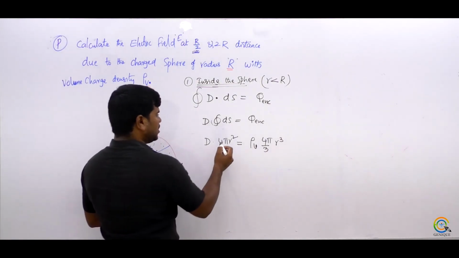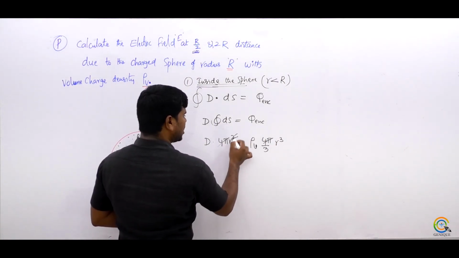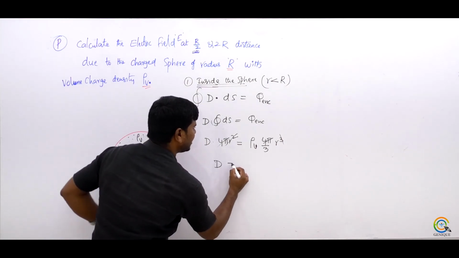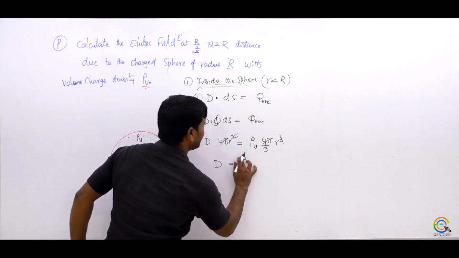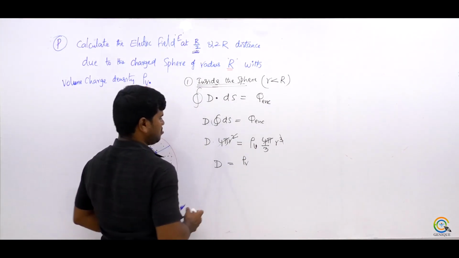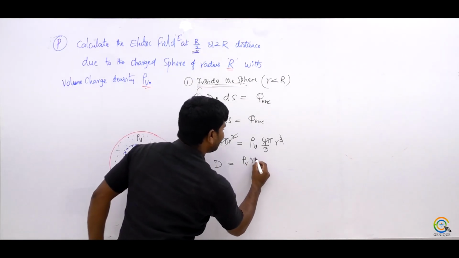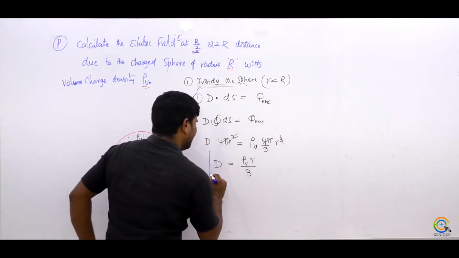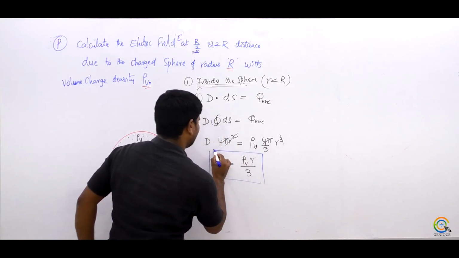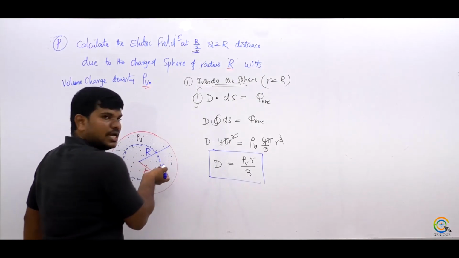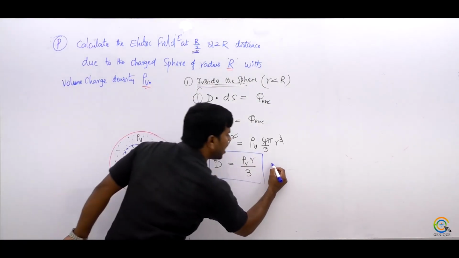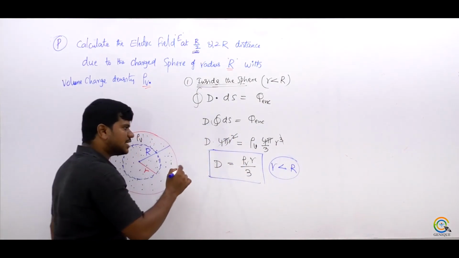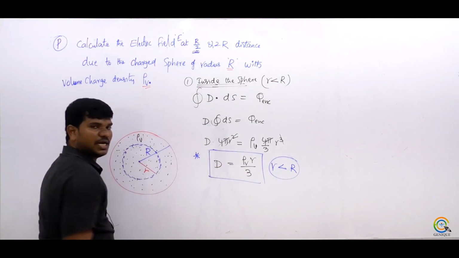So from this, 4 pi will get cancelled, and r square is also cancelled. Here you will get D equals rho v r divided by 3. This is the electric flux density inside, for r less than capital R. This is the generalized formula and it is a very important relation.